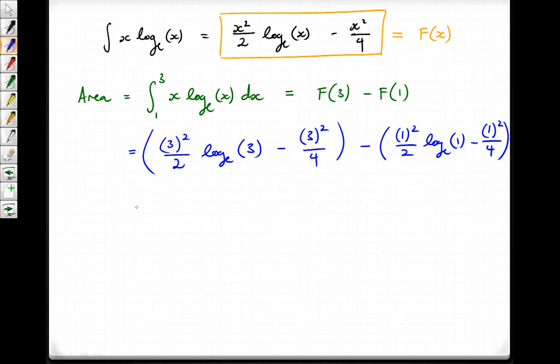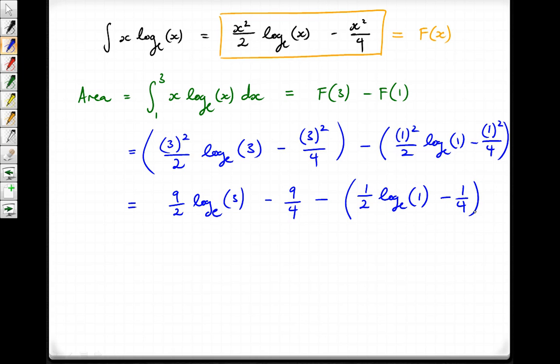So hopefully you can read that. Cleaning up, this would be 9 on 2 log e of 3 minus 9 on 4, subtract away a half log e of 1 minus a quarter.